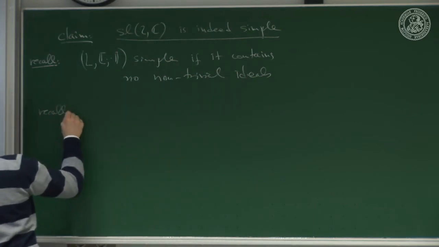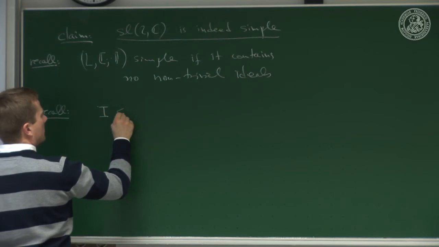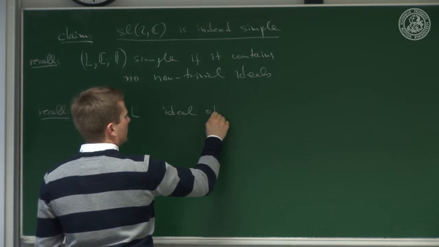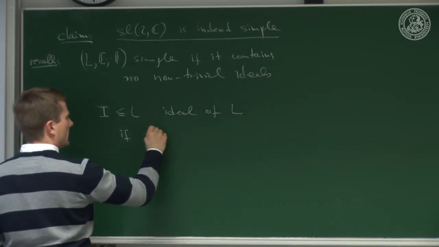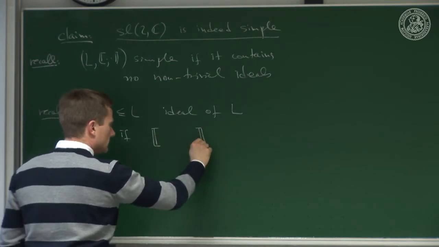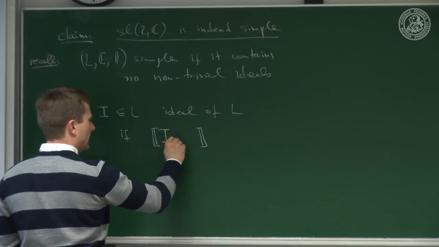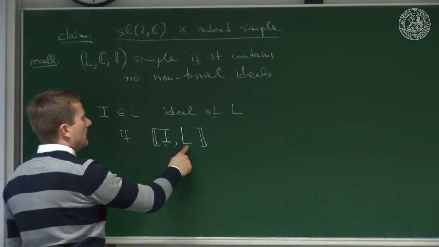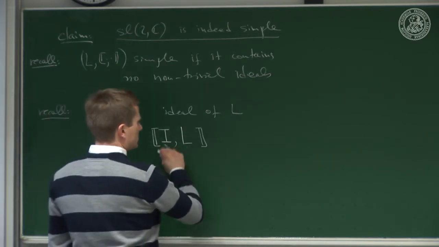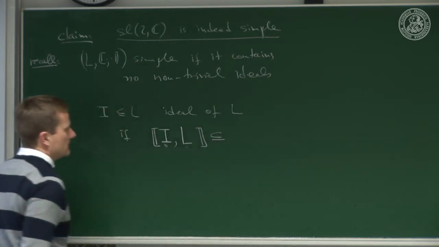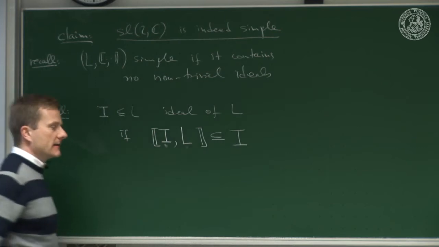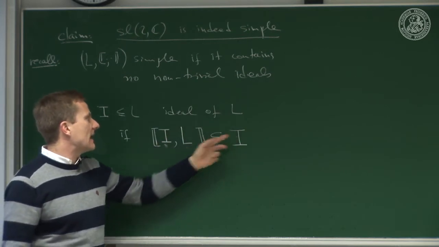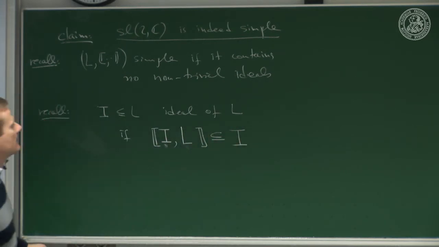So we also recall, I being a vector subspace of L is an ideal of the Lie algebra L if, now this is a symbolic notation, if you take any element of L and you take the bracket with any element of I, in the bracket with any arbitrary element of L, so that's obviously a set if I denote it like this, and if the result again lies in I. So if the elements in I are so strong, you can think, that even if bracketed with an L, you do not land outside I. You stay within I. That's an ideal.